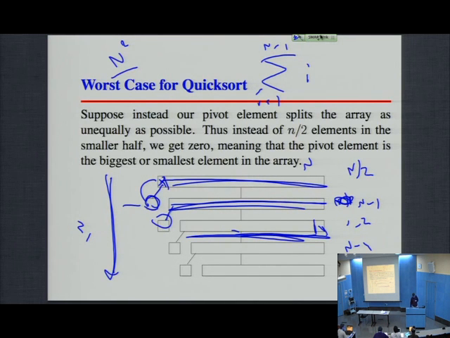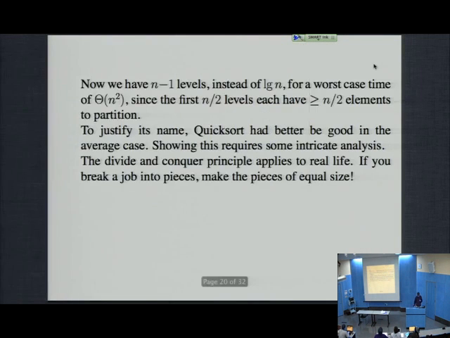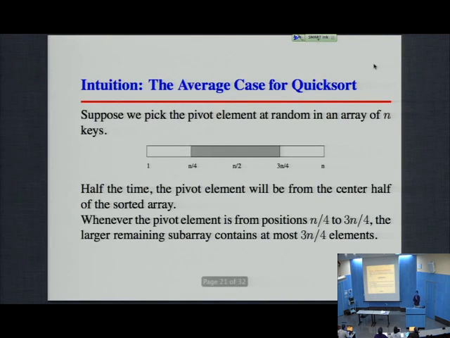The real interesting thing is why is Quicksort usually good? And this I want to give you some kind of an intuition. Suppose you pick the pivot element at random, where instead of, let's say, being always unlucky, you're just going to pick an element uniformly at random.